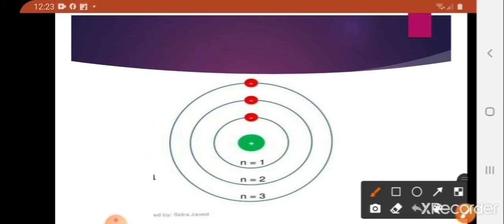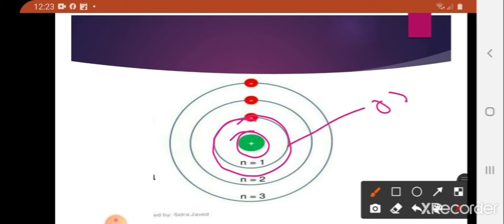Here you can see the nucleus and the electrons moving around the nucleus in a circular path. We call this circular path an orbit, and these orbits are represented using the principal quantum number, written as small letter n, and these energy states are represented as n is equal to 1, n is equal to 2, n is equal to 3, etc.